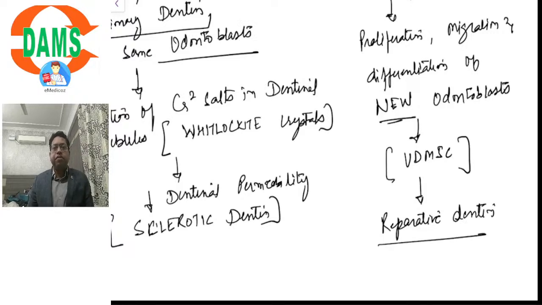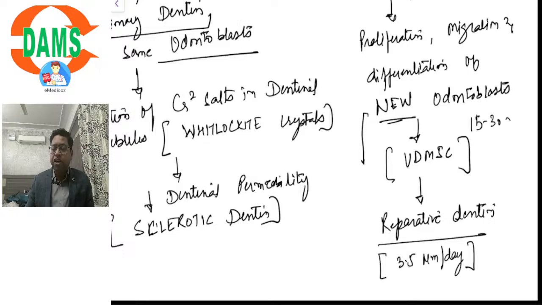Reparative dentine. The usual rate of deposition of reparative dentine is in the range of 3.5 microns per day. And these new odontoblasts are formed from undifferentiated mesenchymal stem cells in about 15 to 30 days time.